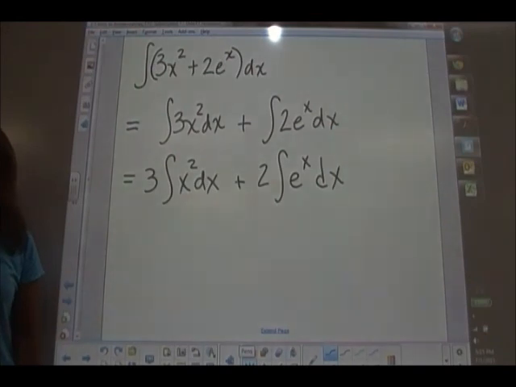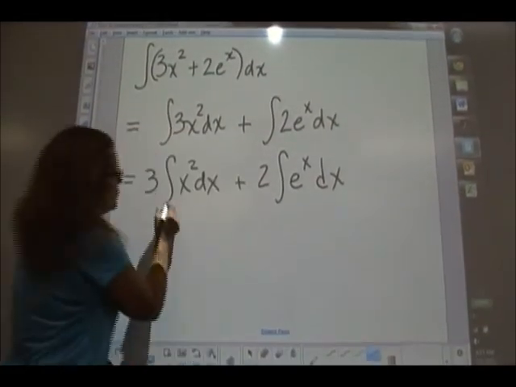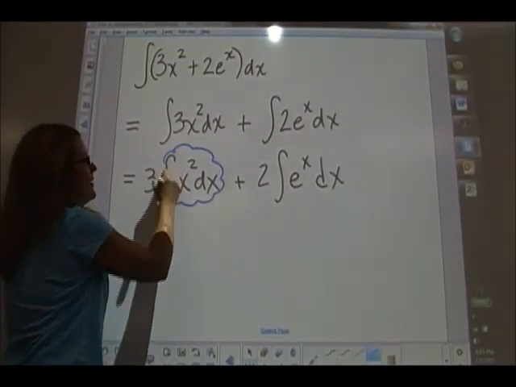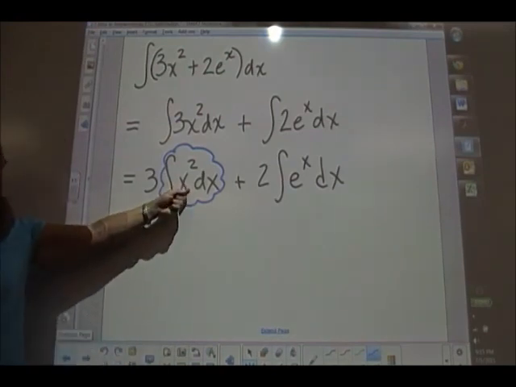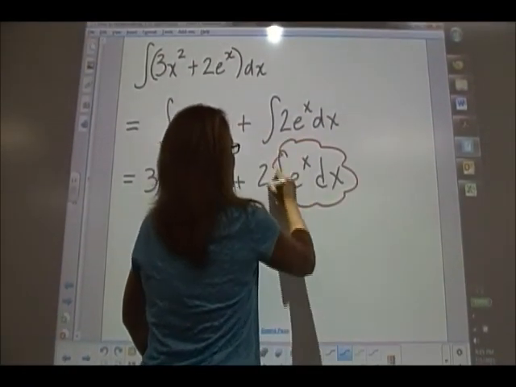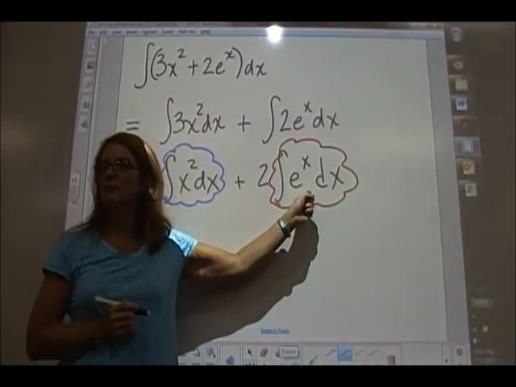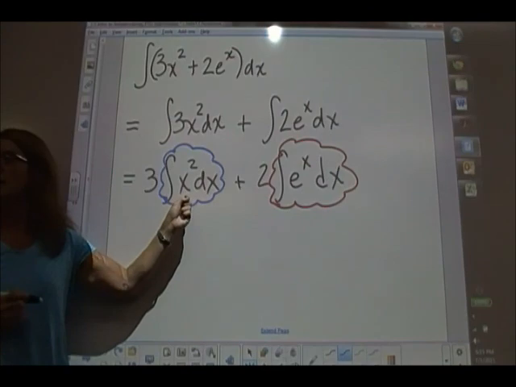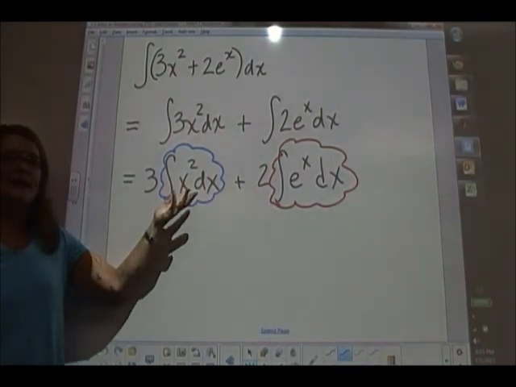We're ready, aren't we? If you look at the integrals, I've got one in blue right here. Hey, that looks exactly like number 10. And in red, I've got another one right here, and that looks exactly like number 10. That's number 10? This is number 9. Okay. So we're ready.